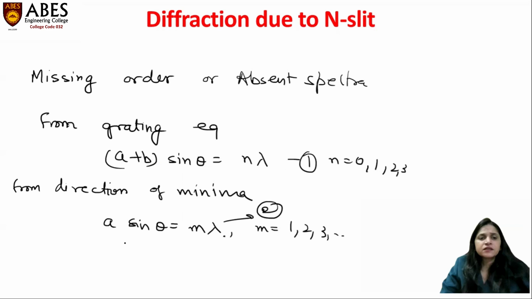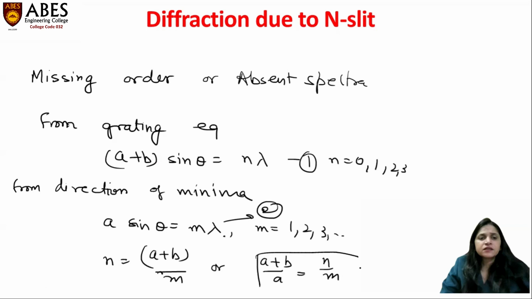So what we will do is divide these two equations. What we get is n equals (a plus b) by a times m, or we can say (a plus b) by a equals n by m.